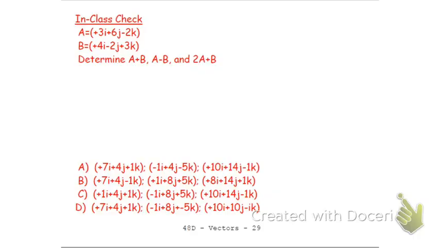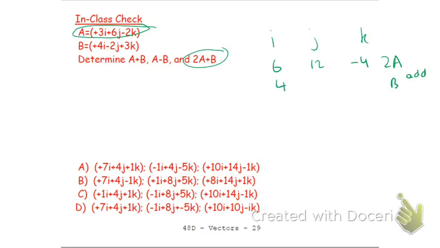Let's do the hard one. I, J, K. 2a, well, that's going to be 6, 12, minus 4. I just took that and multiplied it by 2. And then I've got to add onto it, so this is add. I've got to go on b. b is 4, minus 2, 3.